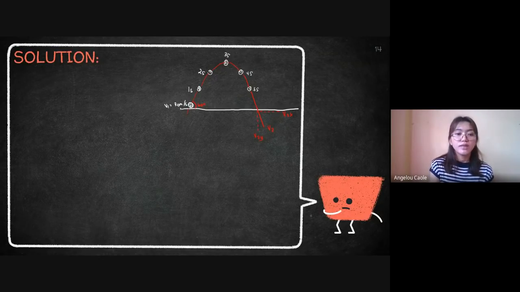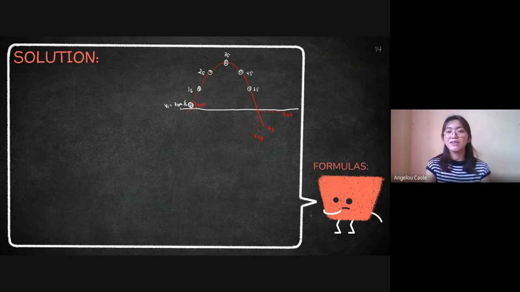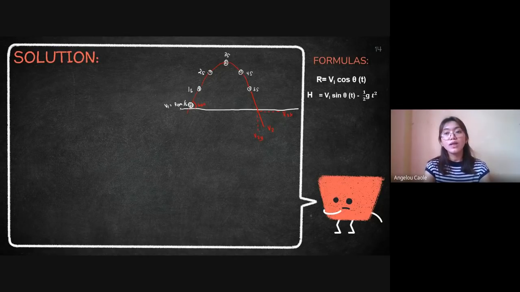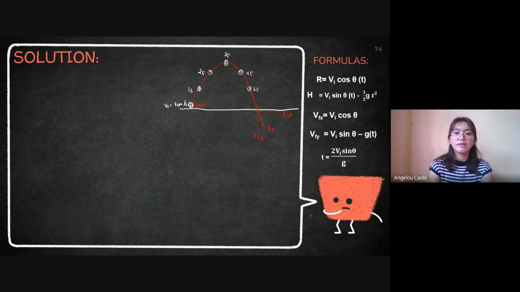For step 1, the formulas: for the R_x, V_i cosine theta times time. For the H, we have V_i sine theta times time minus 1/2 gt squared. For the velocities, V_fx is equal to V_i cosine theta. For the V_fy, we have V_i sine theta minus gt. And for the total time, we have 2 V_i sine theta divided by the gravity.